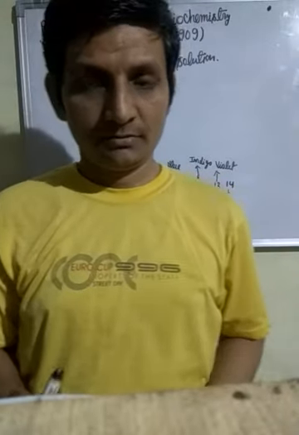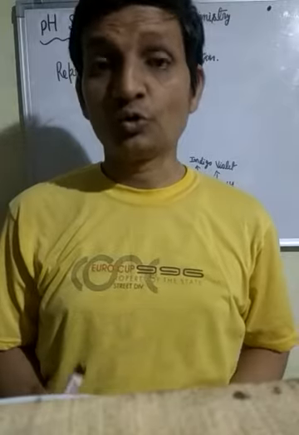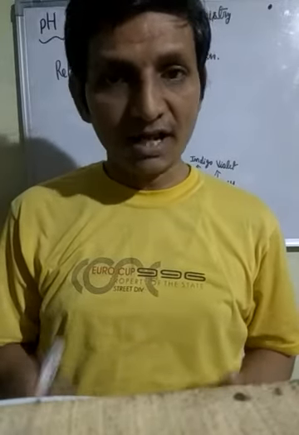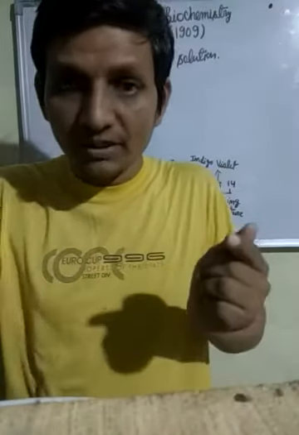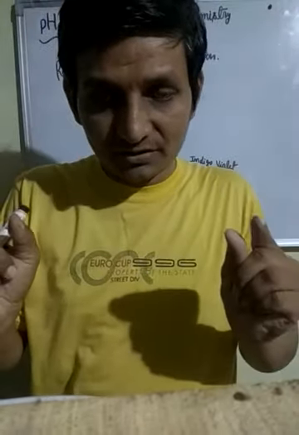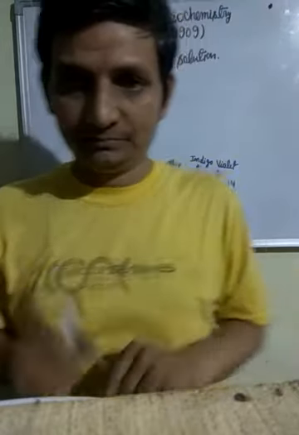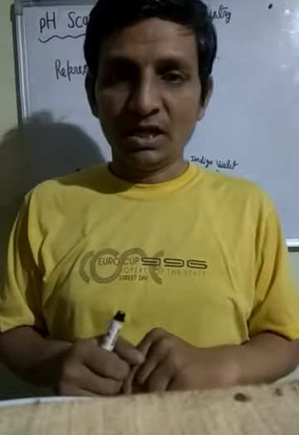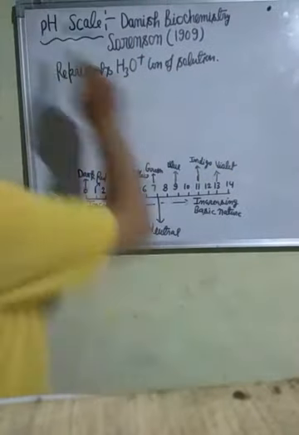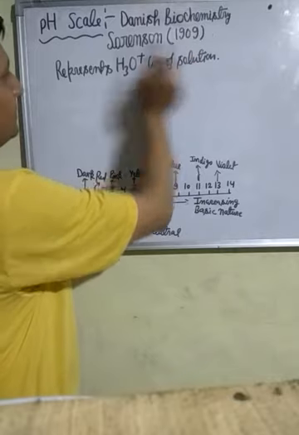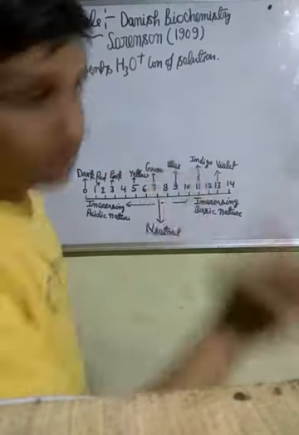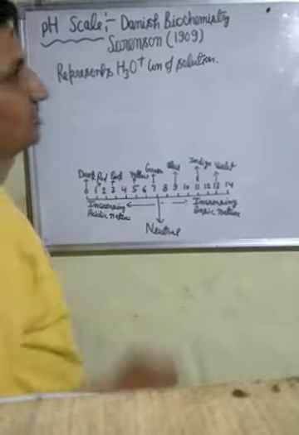A Danish biochemist, Sorensen, in 1909 devised a scale known as the pH scale.